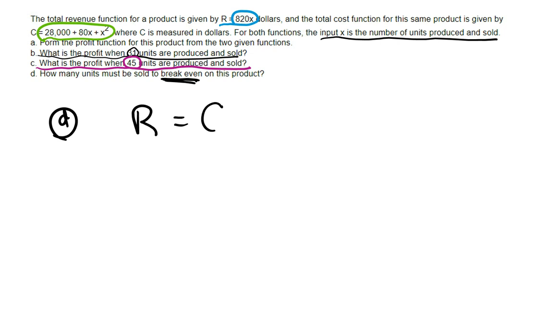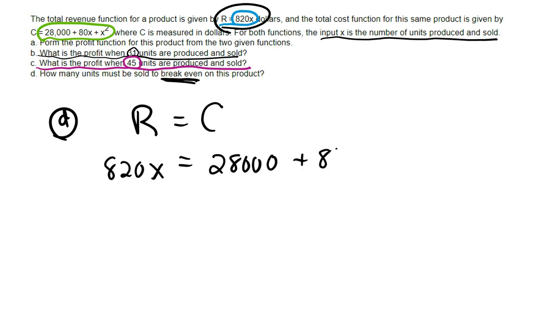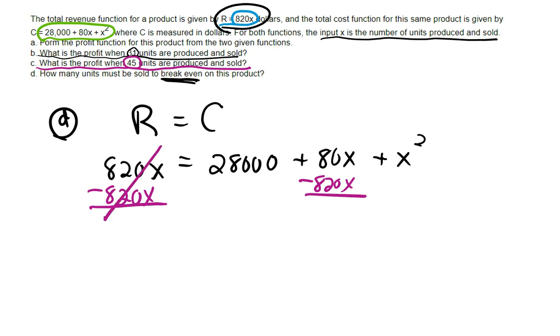Let's see, my revenue was the 820x, right? Here's revenue. And then my cost was that green stuff, 28,000 plus 80x plus x squared. And so I'm going to subtract the 820x from both sides.